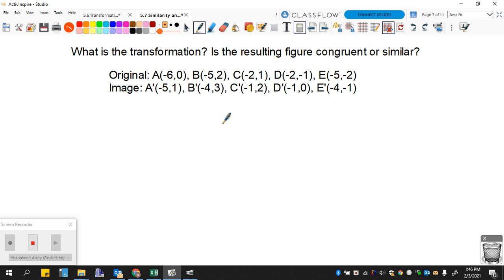All right, so -6 to -5, 0 to 1. -5 to -4, 2 to 3. -2 to -1, 1 to 2. -2 to -1, -1 to 0. And -5 to -4, and -2 to -1.